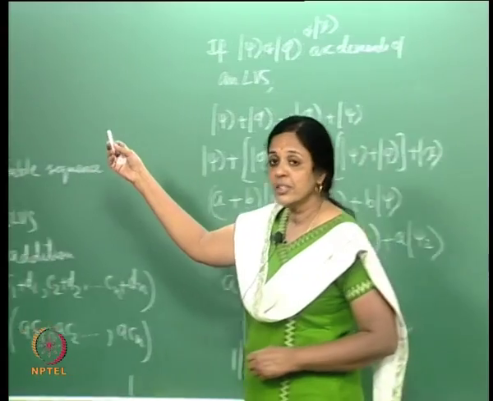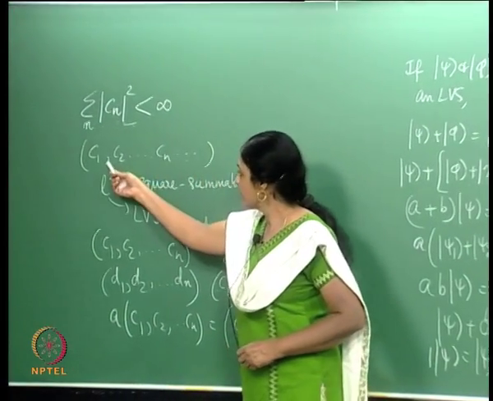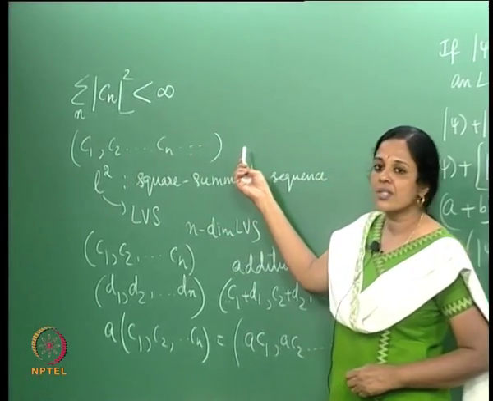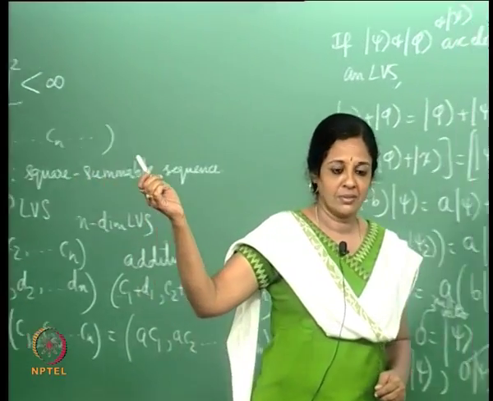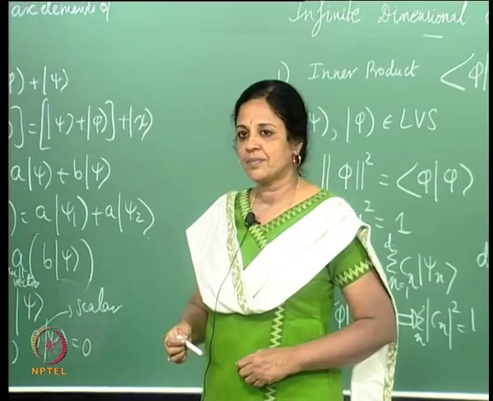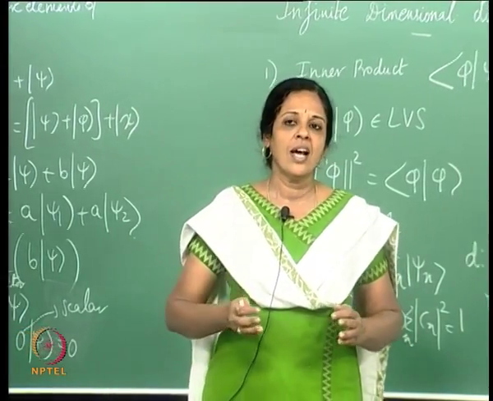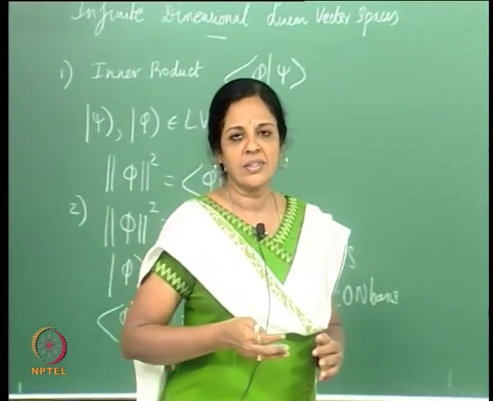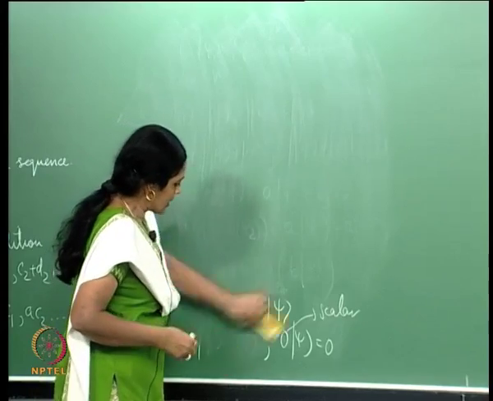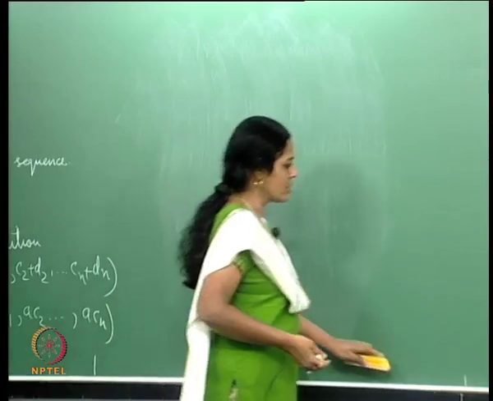Then when I go to infinite dimensional spaces, I need to impose this restriction because there is no need to believe that an infinite sequence of numbers or vectors will converge to a point. That there is a limit to such a sequence is not at all evident, and we need to impose that as a condition.